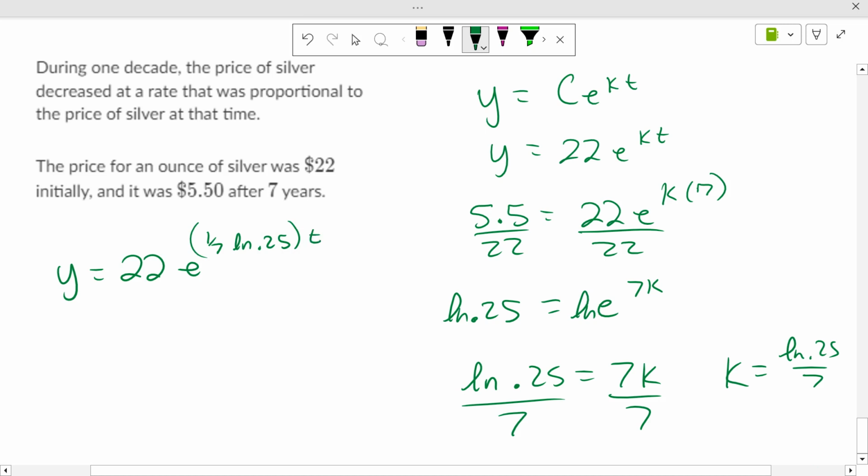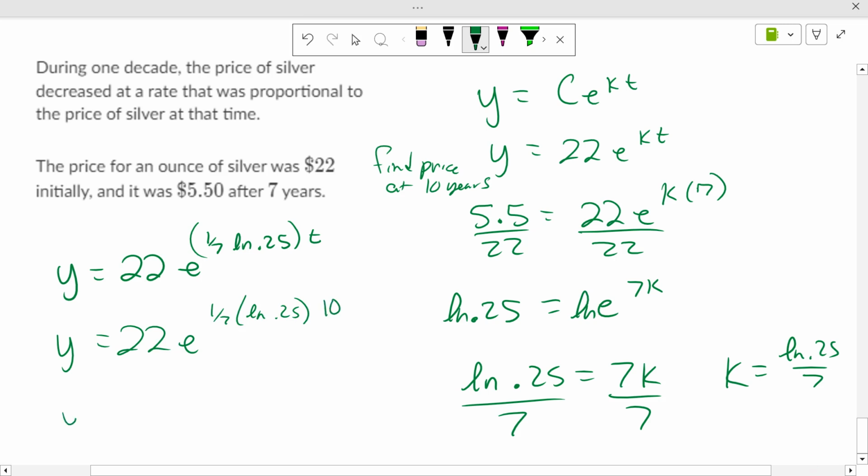That's our function. So let's say find the price at 10 years. How would we do that? Well, we'll put a 10 in there. So y equals 22e to the 1/7 ln of 0.25 times 10.